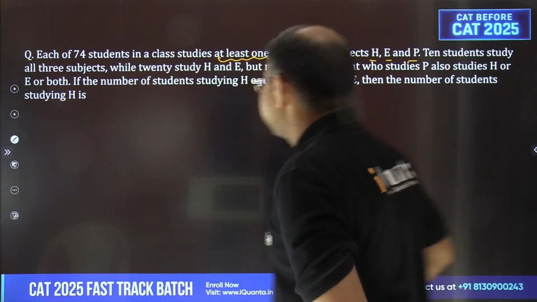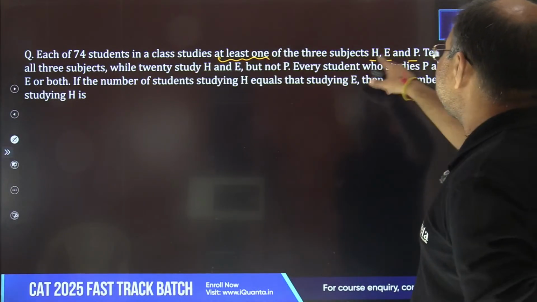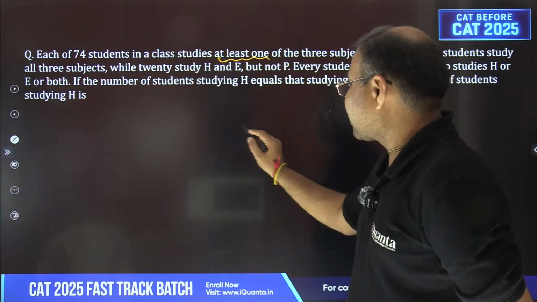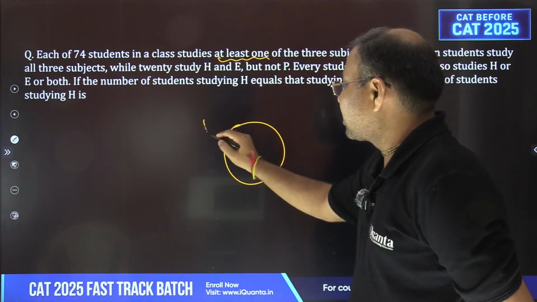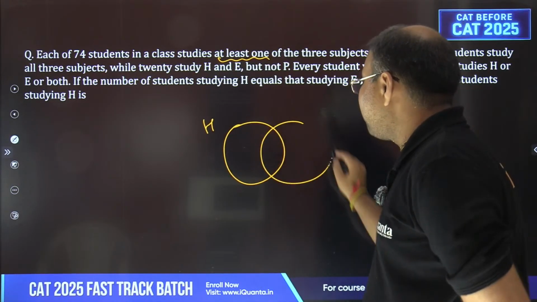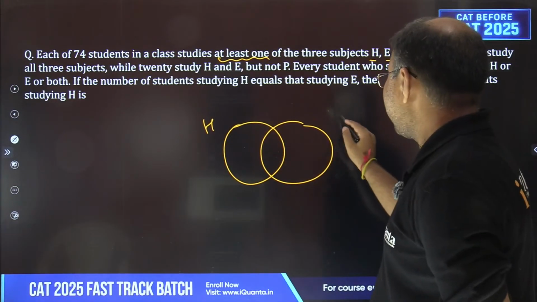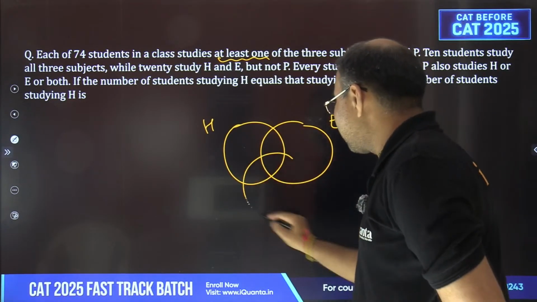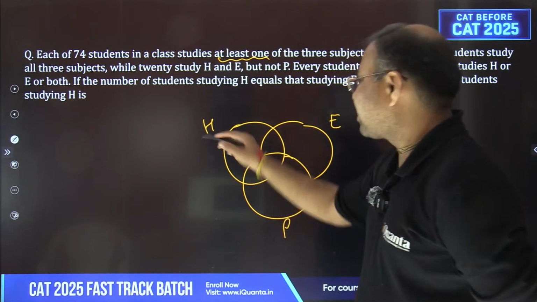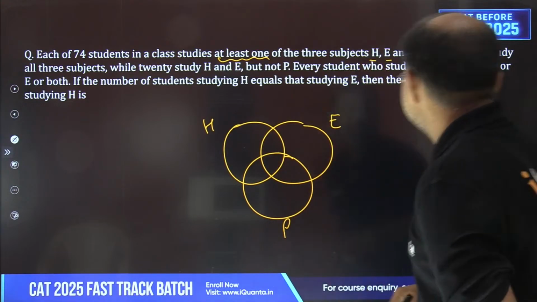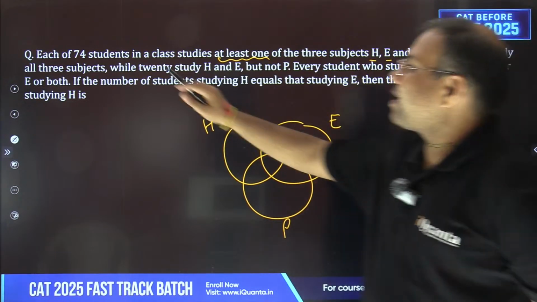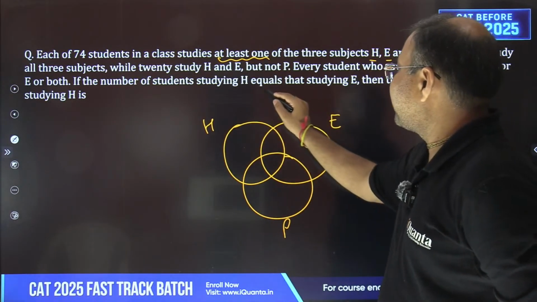Let's check. So it's a three-set Venn diagram. H, E, and P are the three subjects. So let me draw it like this. This circle denotes the number of students belonging to the subject H, this is for E, and this is P. Maybe history, English, physics, or something. Anyhow, there are a total of 74 students, so I'm writing 74 here at the top.